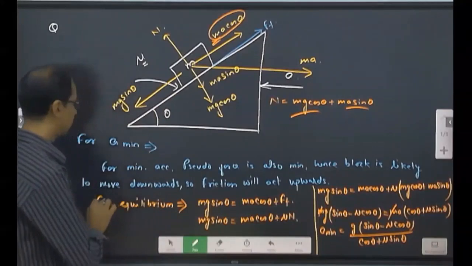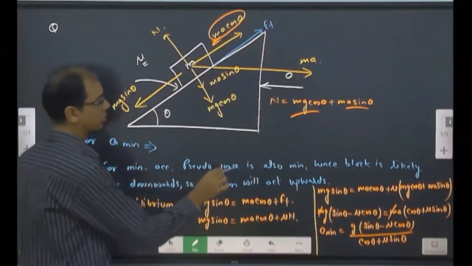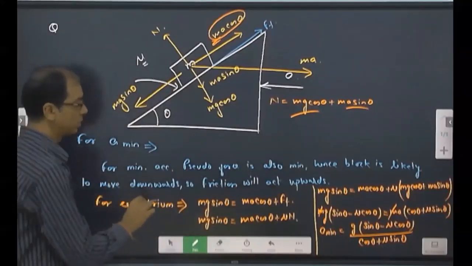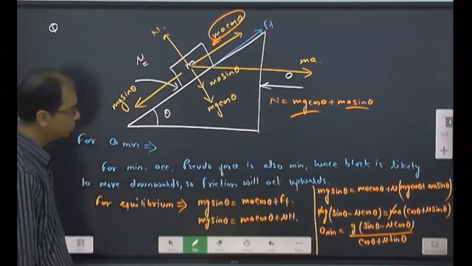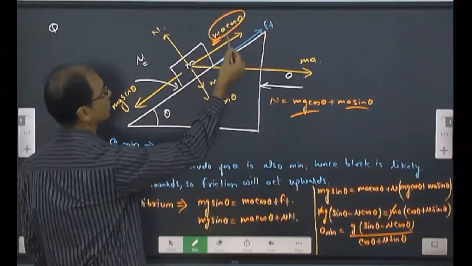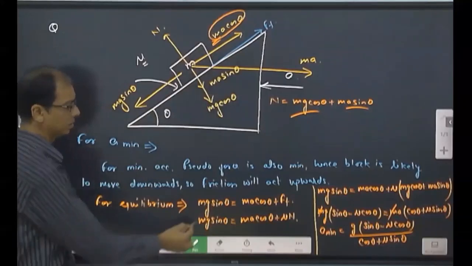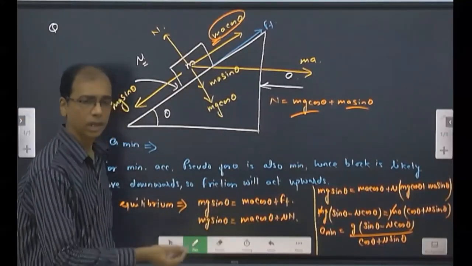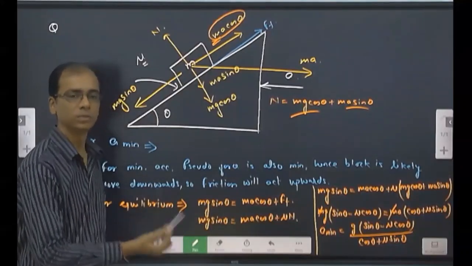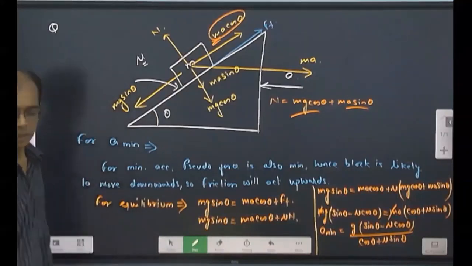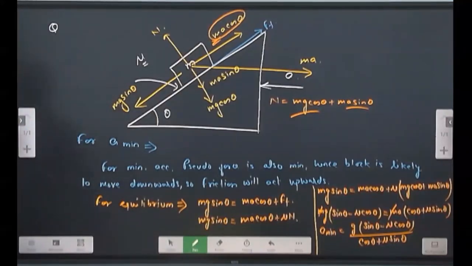Okay, so that's what I have written. For minimum acceleration, the pseudo force is also minimum. Hence, the block is likely to move downwards, so friction will act upwards. So again, for equilibrium, mg sin theta should be equal to force of friction plus ma cos theta. Then what we did: in place of friction, we kept mu N, and we kept ma on one side and mg on the other side, and we got a minimum. Is it clear? Yes, sir.